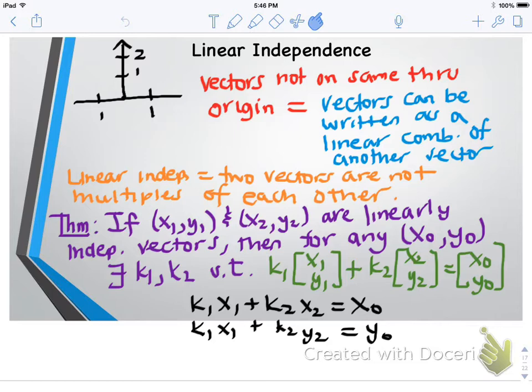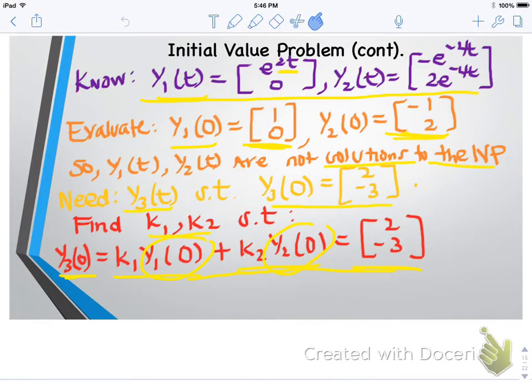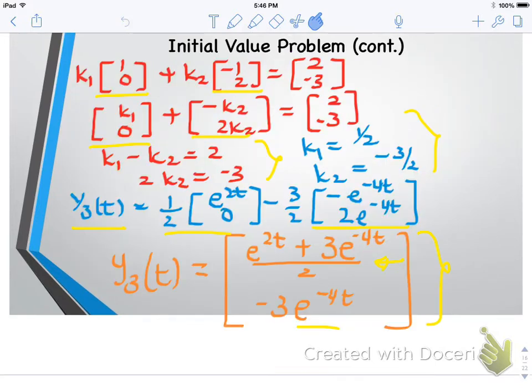All right, so linear independence. Recall back here when we had our two vectors, that y1 of 0 gave us the vector 1, 0, and y2 of 0 gave us the vector -1, 2.